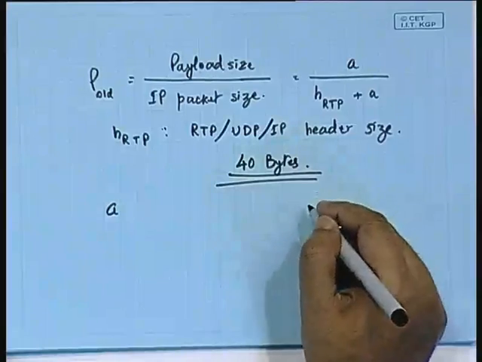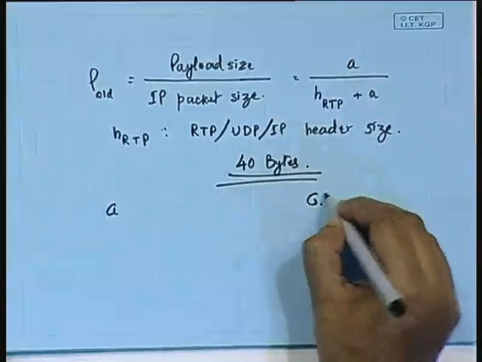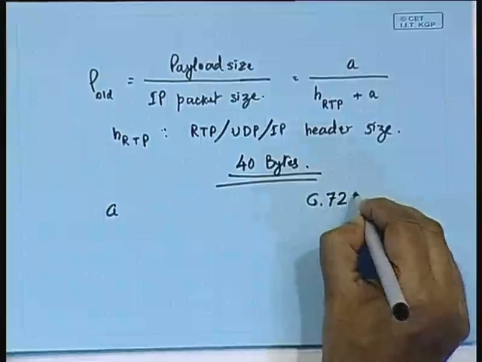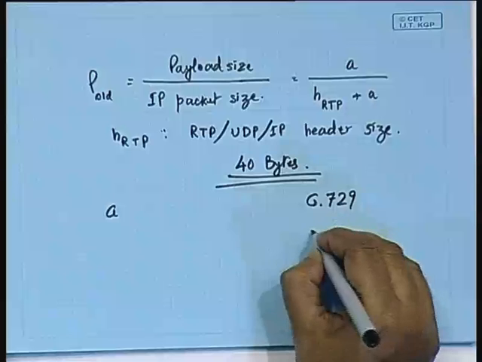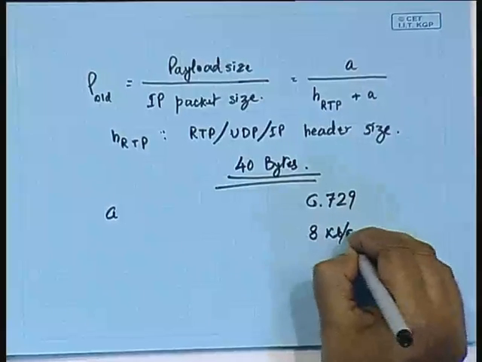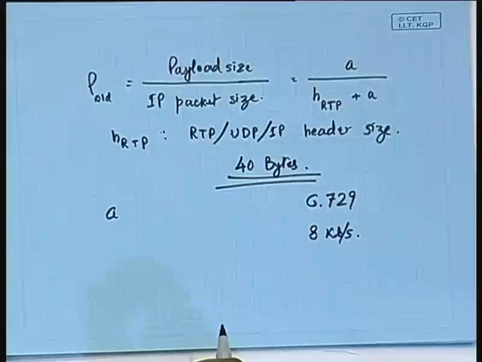But let us say we are using the state of the art speech codec, G.729, whose bit rate is only 8 kilobits per second. Considering the delays required to form a packet, the packetization delay will be very severe if we try to make A very large.